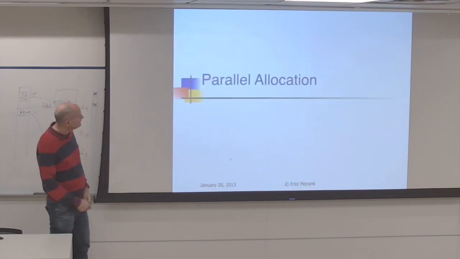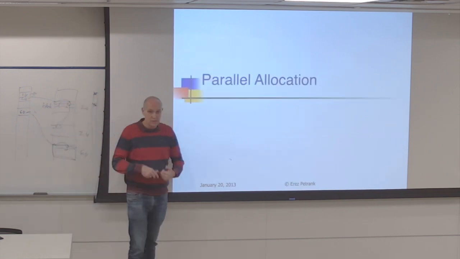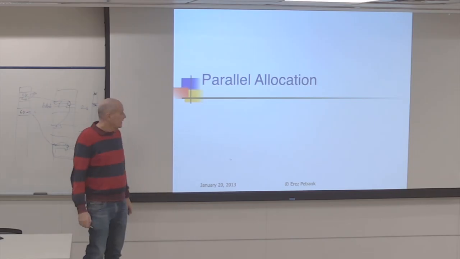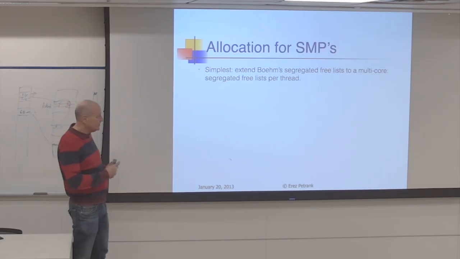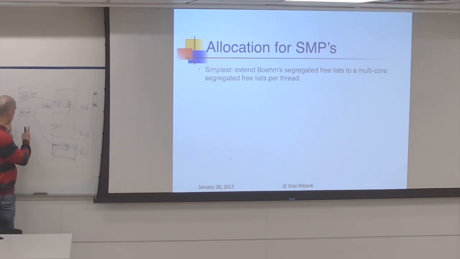Cool. Okay. So now the days of parallelism came and we needed to work with parallel threads. The simplest thing is to just take this and say each thread will have this structure and its own list of chunks that it can allocate from. The blocks will be shared by all the threads.